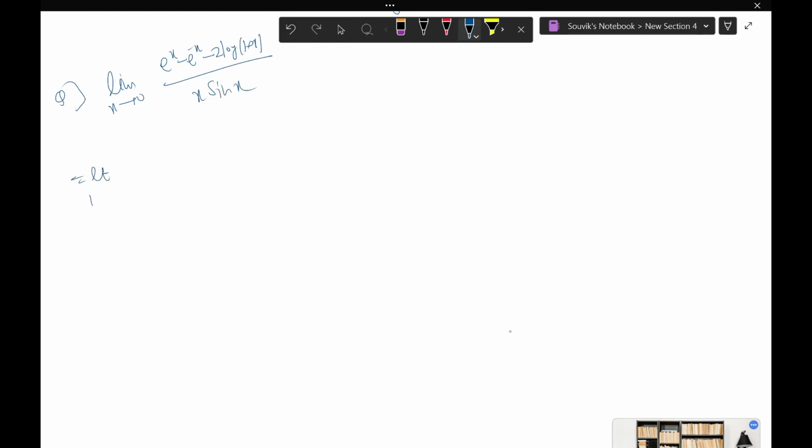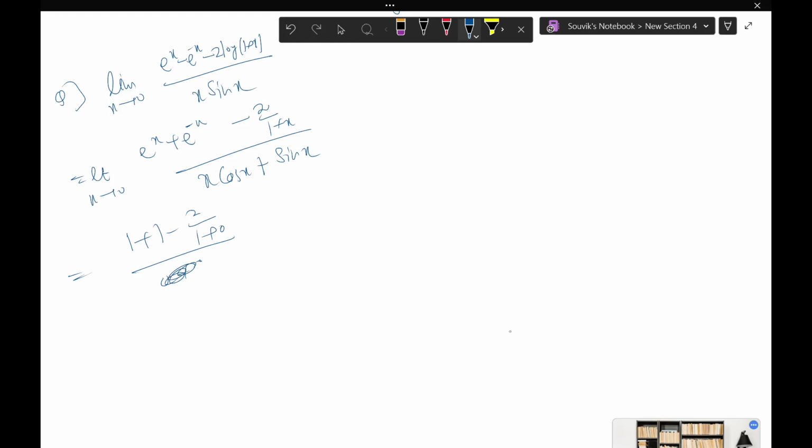So this is limit x goes to 0 of e to the power x plus e to the power minus x minus 1 by 1 plus x, over cos x. Now put x equal to 0.